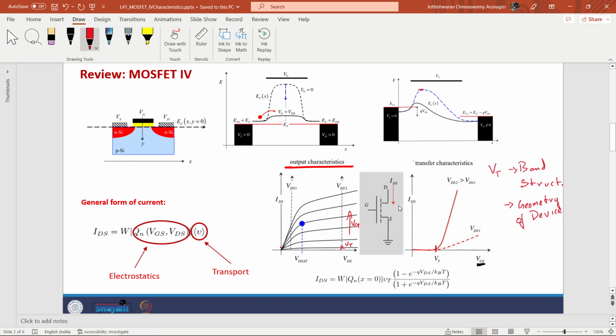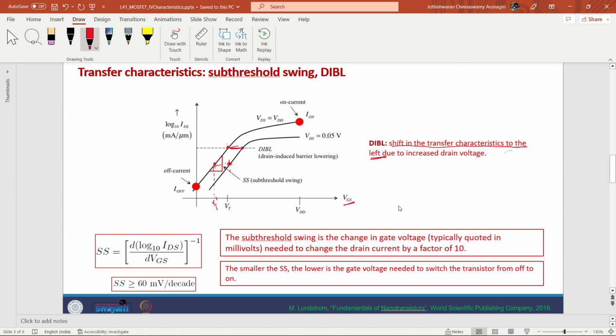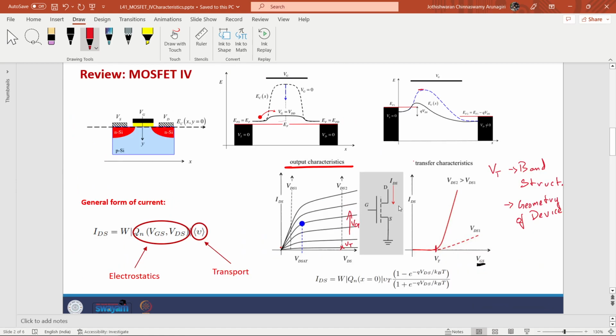Here, sir, we haven't shown anything about gate, na? In the previous slide, here, in this slide. Whatever we are discussing is how the threshold voltage changes from VDS2 to VDS1, but right now we are not discussing anything about VG, the gate voltage.